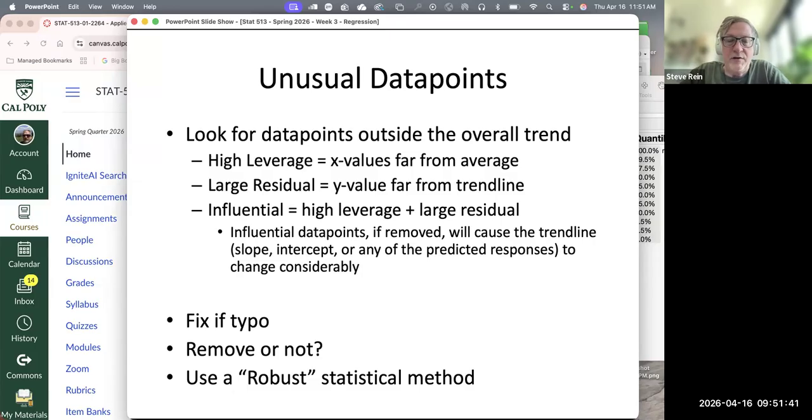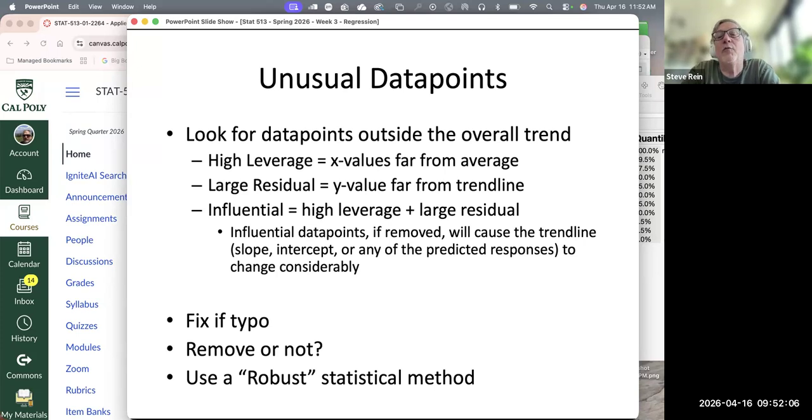Another approach is if you are not able to say, I know what happened, I can fix it, and you're not willing to just remove that data point because it is a data value. There's a whole fleet of statistical methods called robust statistical methods. They're robust against departures from normality and equality of spread.